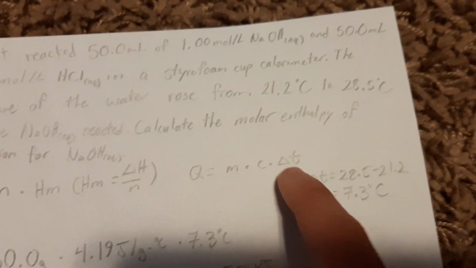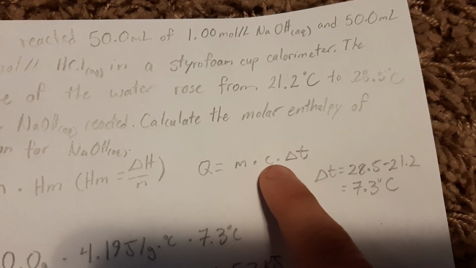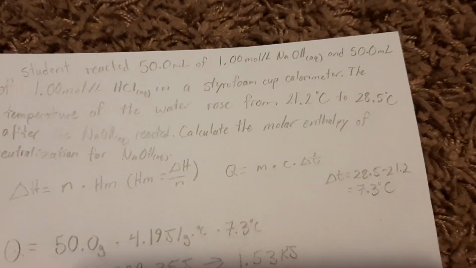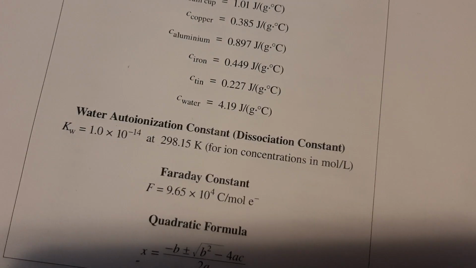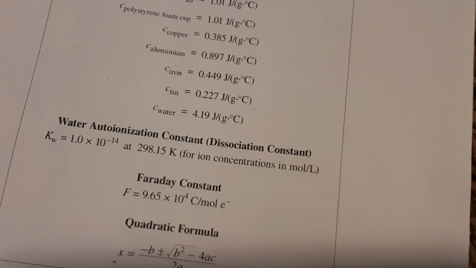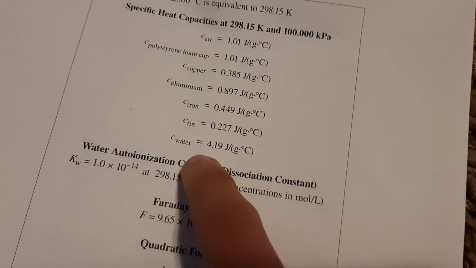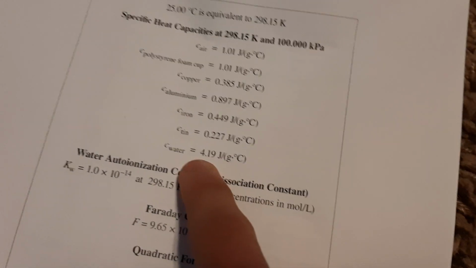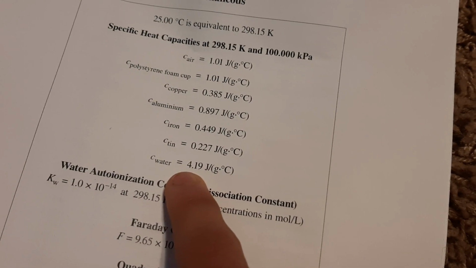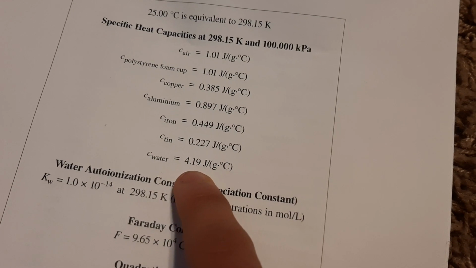And then the C we need to find is our specific heat capacity. Since this is a solution, we can go over to our table here in the data booklet and use the water specific heat capacity, which is 4.19 joules over grams times degrees Celsius.